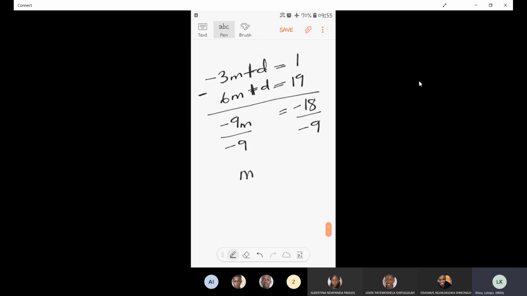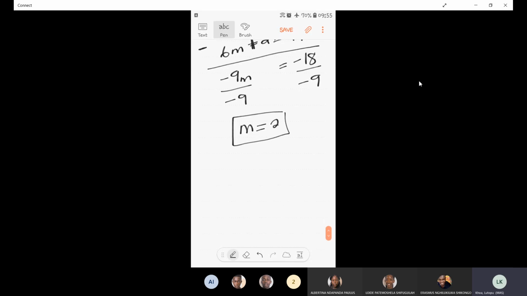I get m is equal to positive 2. Okay, so I don't need to work out d. You can work it out just to know what it is, but it is not necessary because that's not asked in the question. So sometimes they will tell you to list the 3 terms so you can work it out.